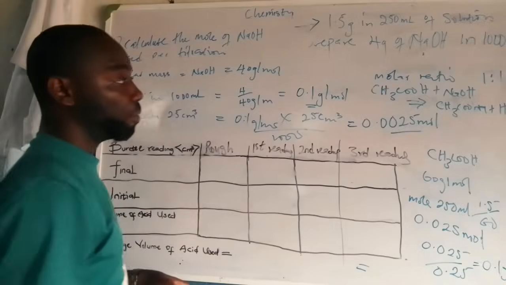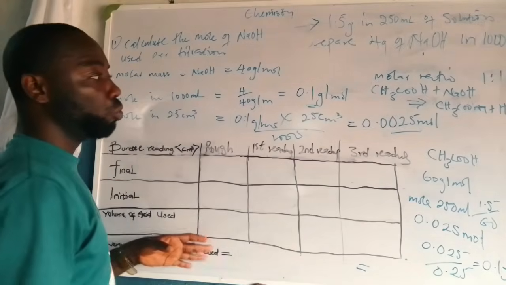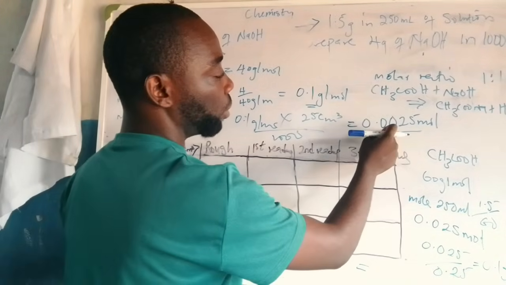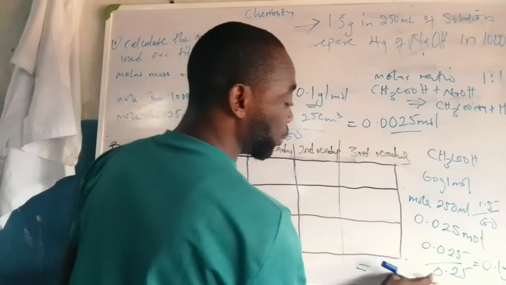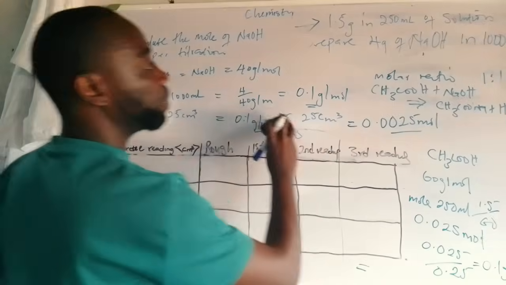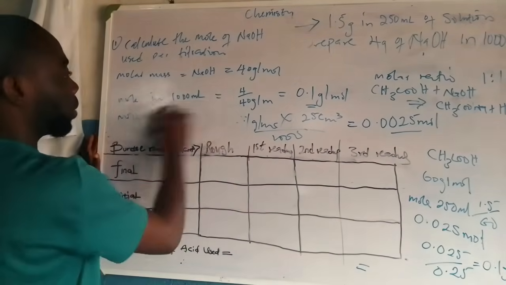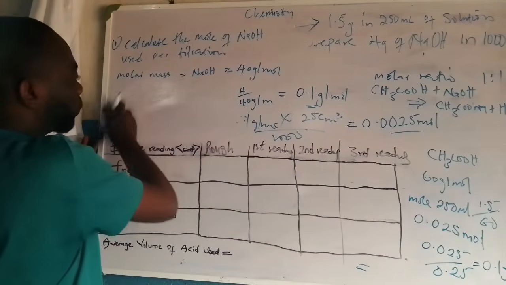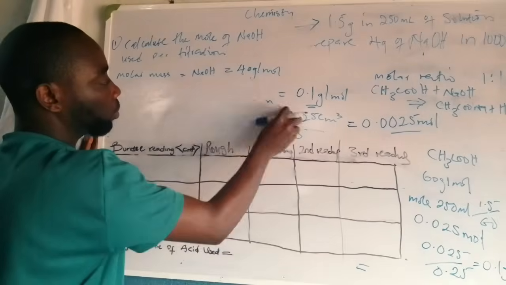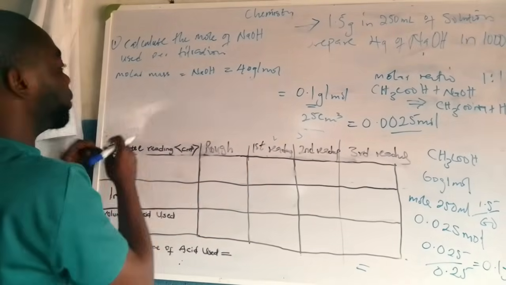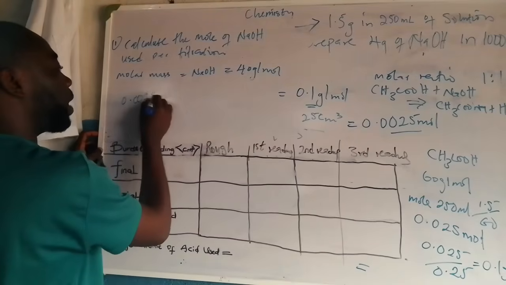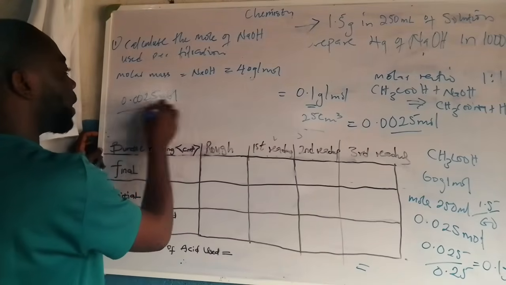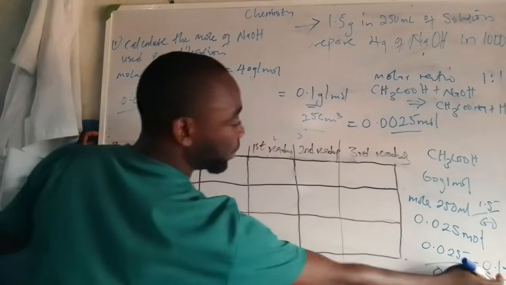So for us to neutralize 0.0025 moles of this, all we need to do is 0.0025 mole divided by 0.1.